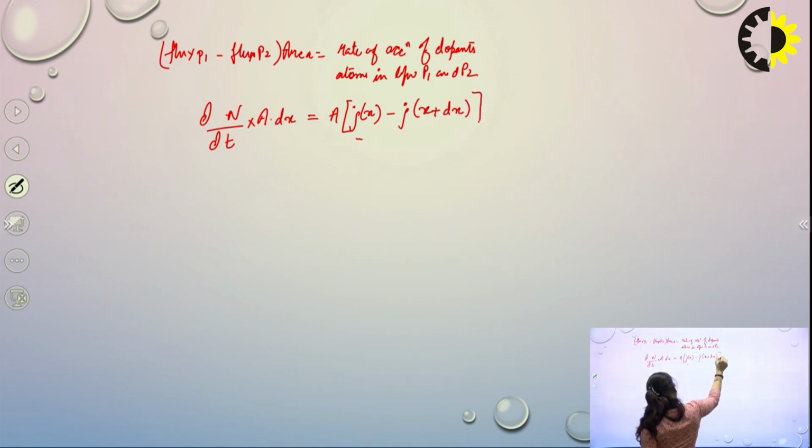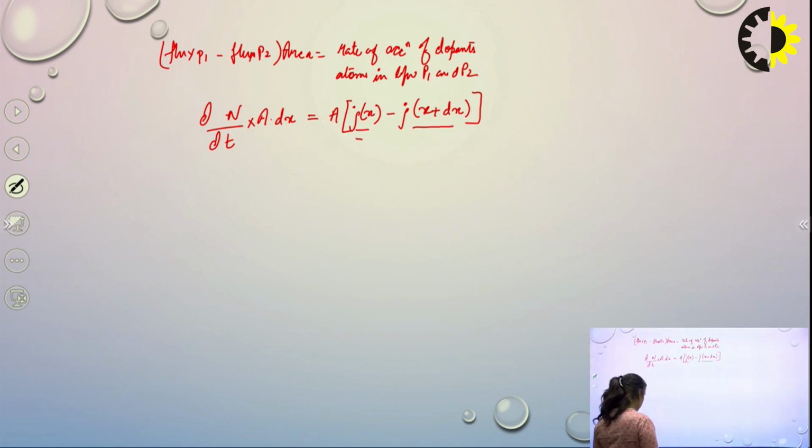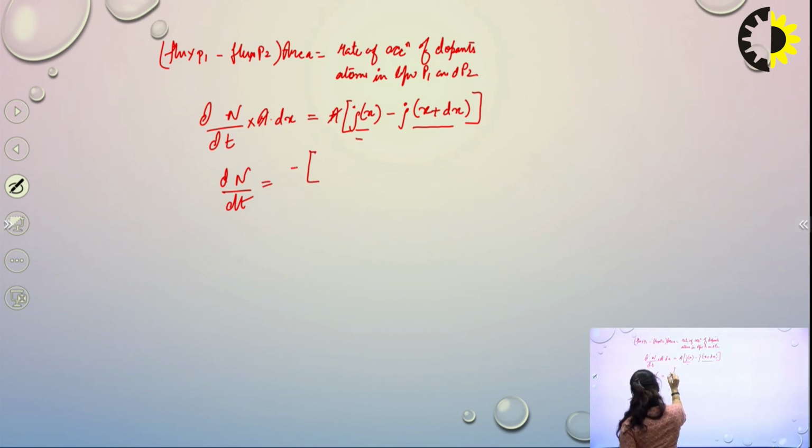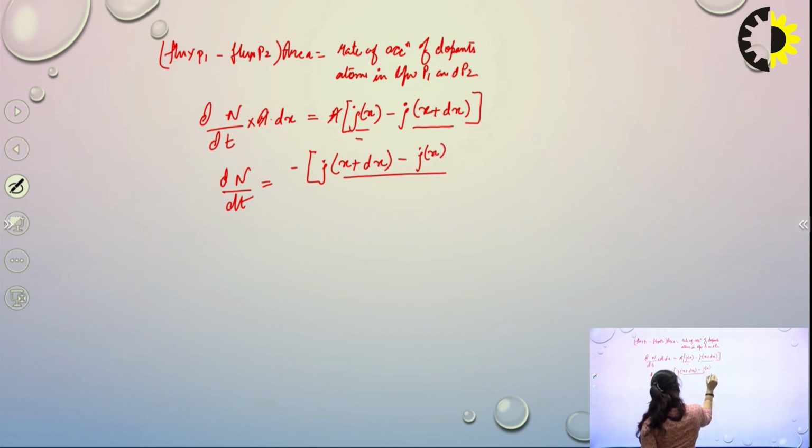There will be some concentration difference, there will be some flux difference at the 2 points. So, this we can write as dN by dt, and the area can be cancelled. We are going to have minus J(x plus dx) minus J(x), divided by dx.